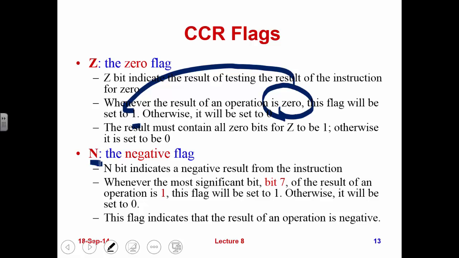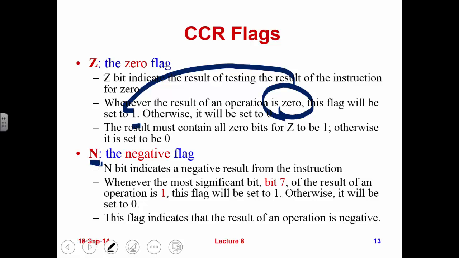If so, we make the N bit to be 1. So when the N bit is 1, that tells people our operation results in a negative number.